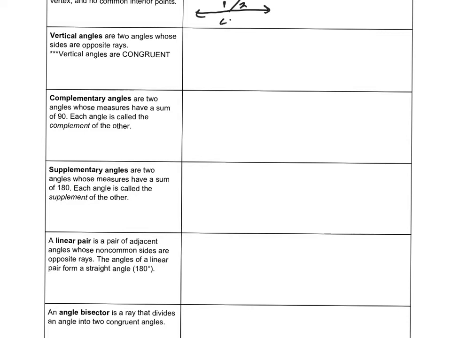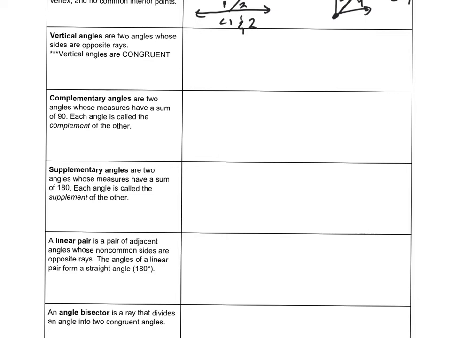So angles 1 and 2 are adjacent angles. Another one would be, let's say we have an angle, and say this is angle 3, this is angle 4. Right here, they share a common side, a common vertex, and no common interior points. So we would say angle 3 and angle 4 are adjacent angles.